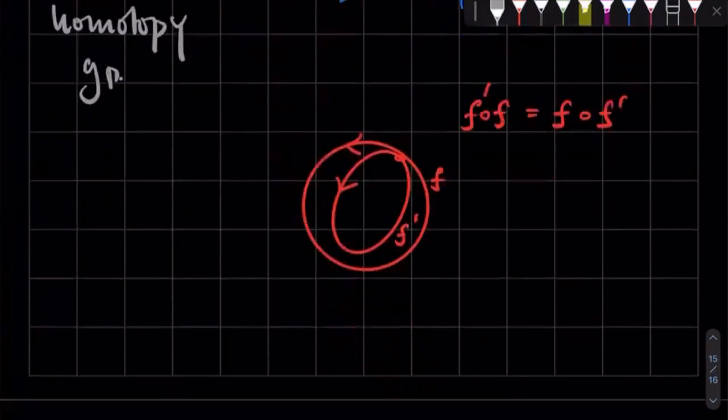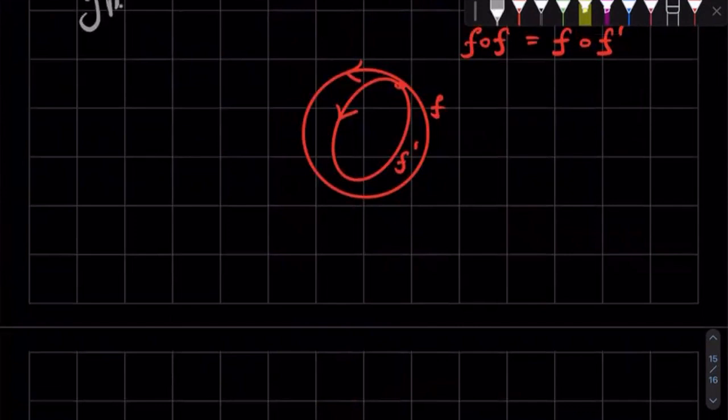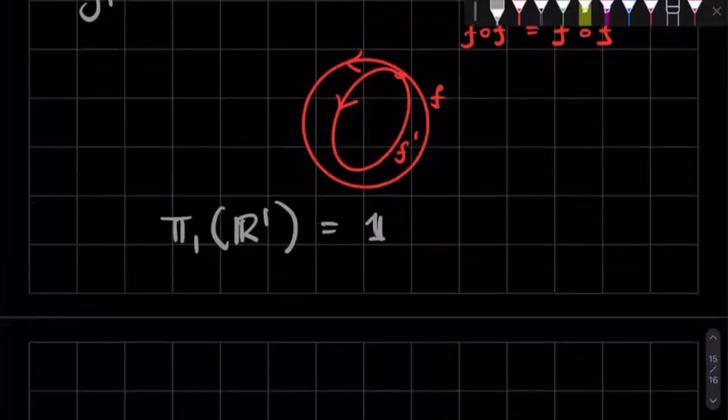Now, this is very qualitative, but you can argue that the continuous maps from the circle to the real line are going to be trivial.